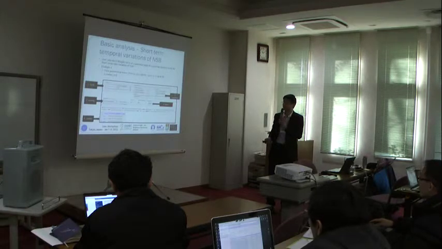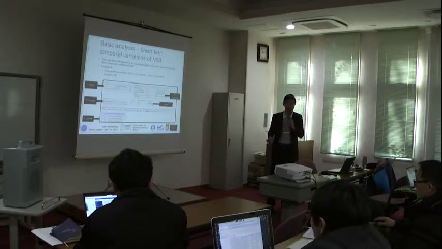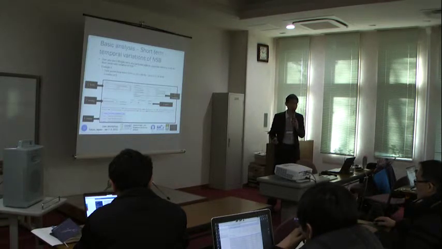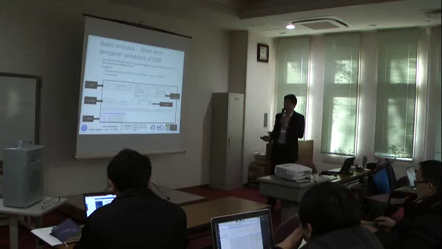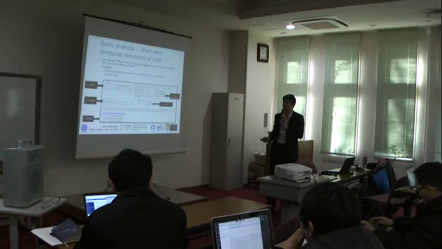So let me move on to the next example. After the basic statistics, you can study the time variation of NSP like this. For example, we want to study the light curve here between this time period.